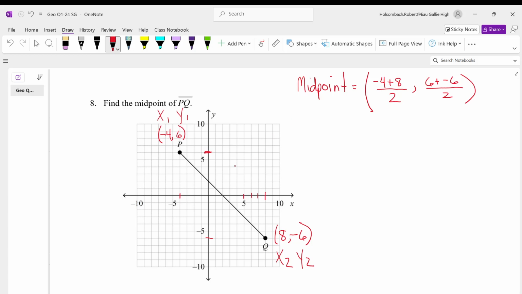Negative 4 plus 8 is 4 divided by 2. And 6 plus negative 6 is 0 divided by 2. So our midpoint is at 2, 0. If you plotted that, you go to 2 on the x-axis, right here. There's your midpoint.